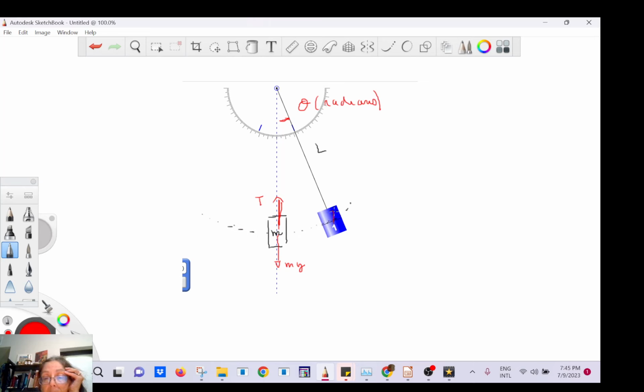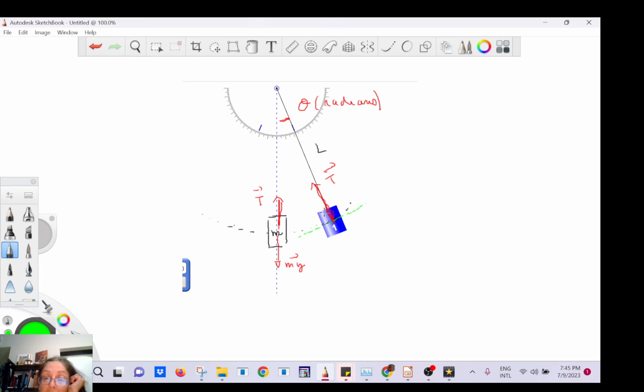So at that position here, it's hard to draw, but you still have the tension T, but the tension T, you see, is perpendicular to the trajectory. So it does not change the speed. All it does is keep the mass on the track.